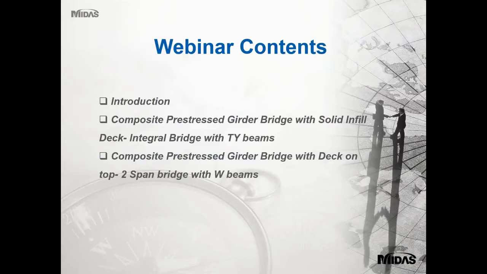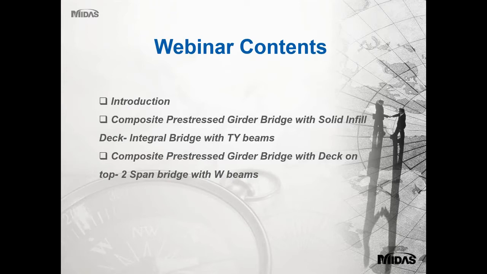Okay, so quickly going through the contents today, we'll be basically looking at two types of pre-stressed girder bridges. One of them is a solid infill deck type with TY beams. The in situ concrete will be poured between the gaps between the TY beams.